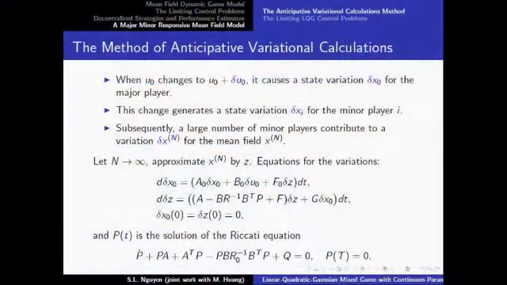So in this case, the problem is more complicated in the sense that if we change the control of the major player a little bit to U0 plus delta U, then the dynamics of the major player will change by delta x naught, and because of the appearance of the major player in the dynamics of the minor players, the state of the minor players will change by delta xi, and because all minor players will be changed, it causes a change in the mean field term.